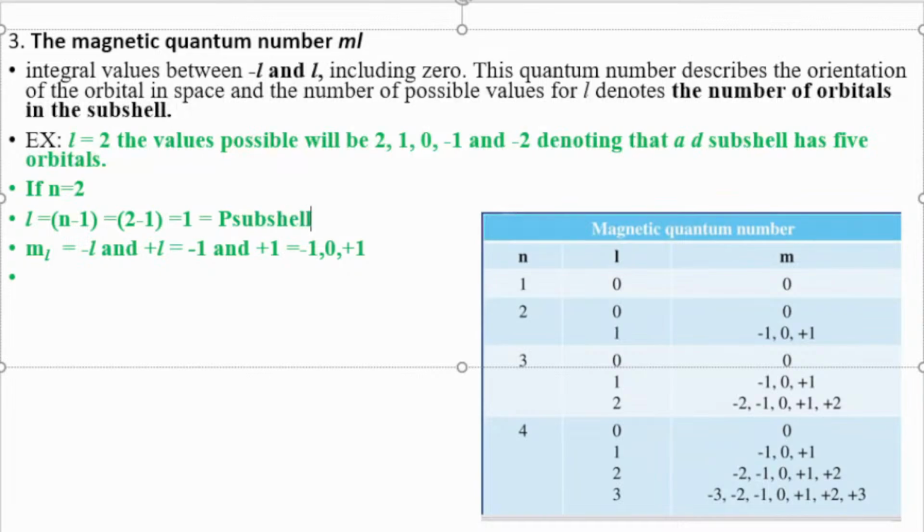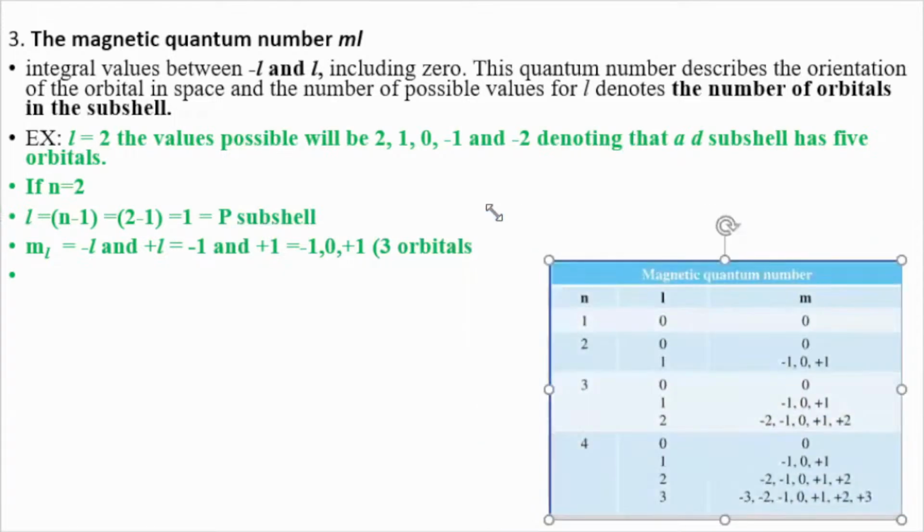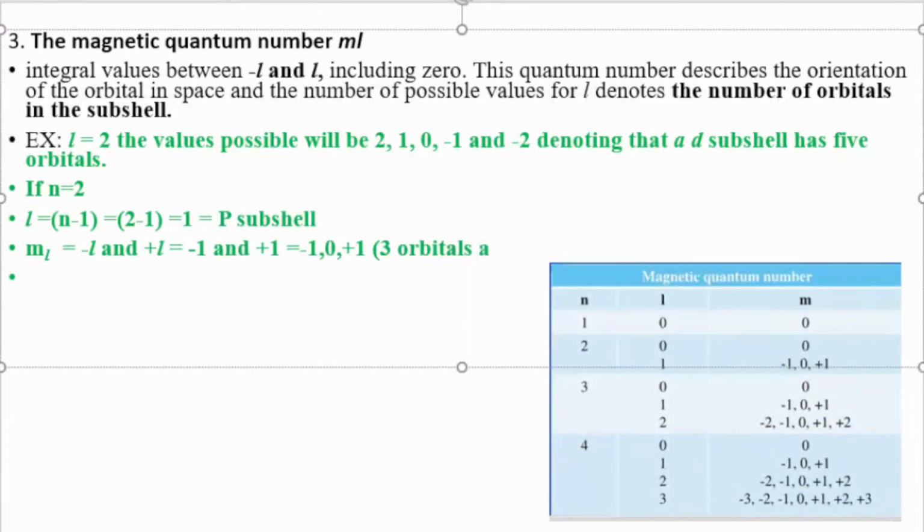Then we know the p subshell has 3 orbitals: px, py, pz.